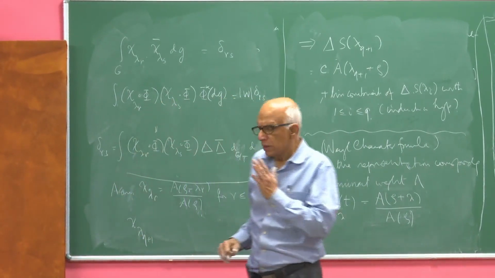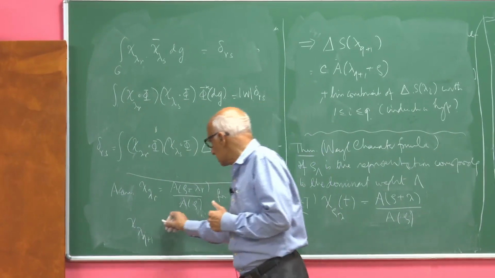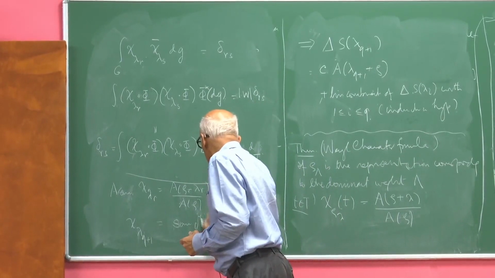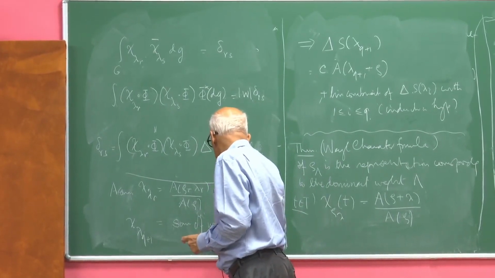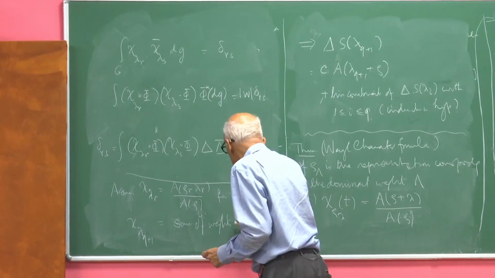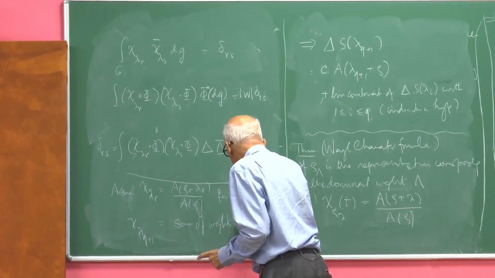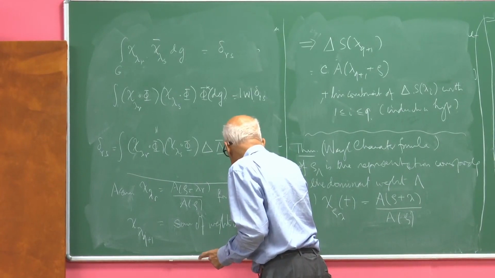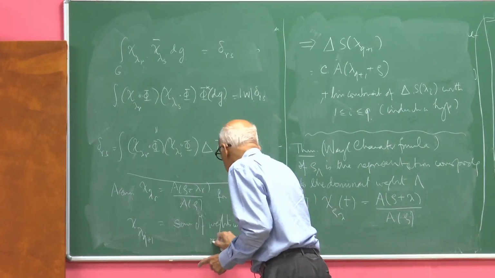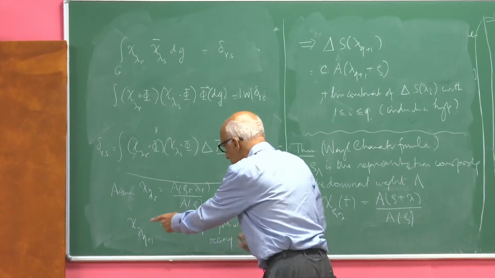it is a sum of weights, counted with multiplicity, occurring in, I am interested in chi lambda.